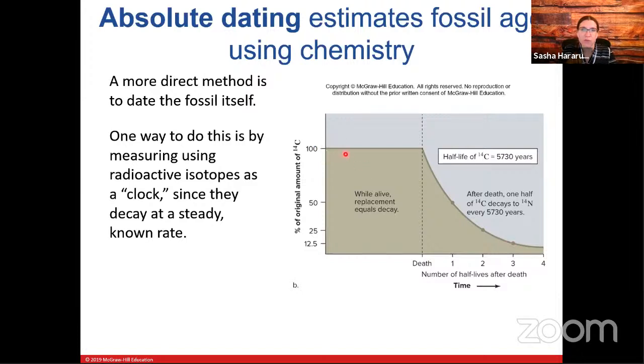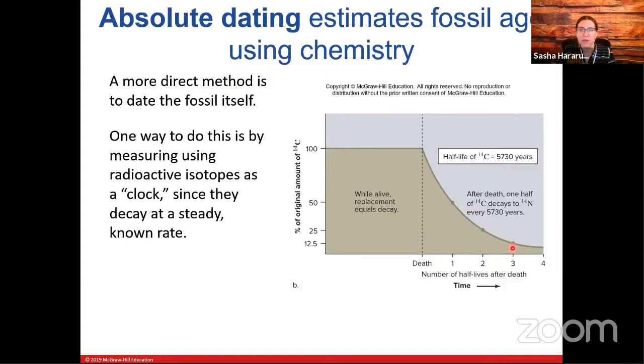So if we know the original content, by identifying the carbon-14 content in the fossil, we can infer how many years ago it died, or how many years ago it lived.